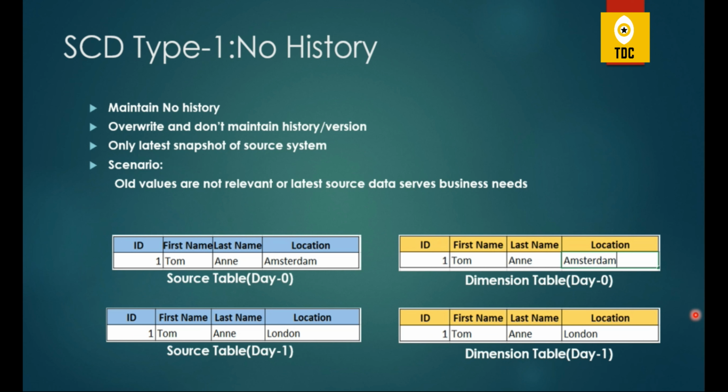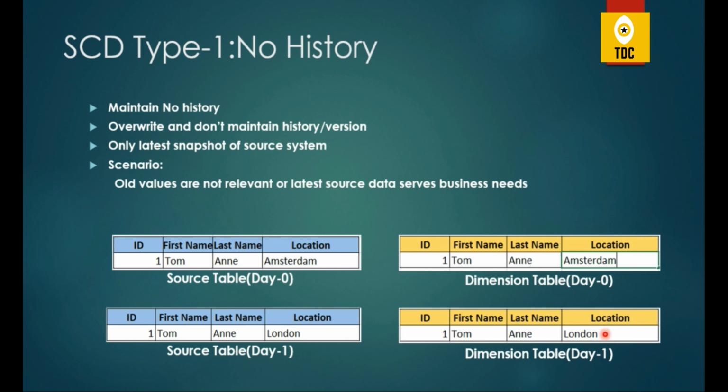However, if someone asks me the history of this employee, the locations where he has worked before London, there is no history, because you are keeping only the current version. Only the latest snapshot is stored in the dimension table. The old history is lost. This might be a scenario where the business is not worried about, or has no relevance to, keeping history.